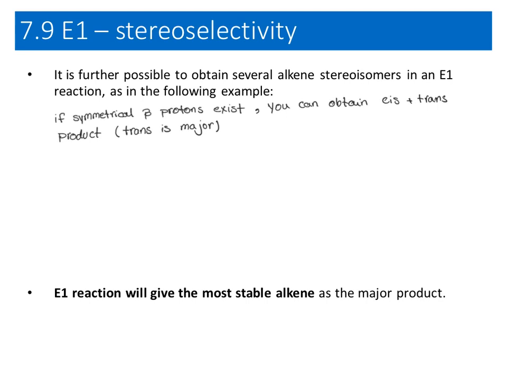Let's look at this example. Again with concentrated sulfuric acid and heat. This triangle means heat, so we are going to form trans and cis product.